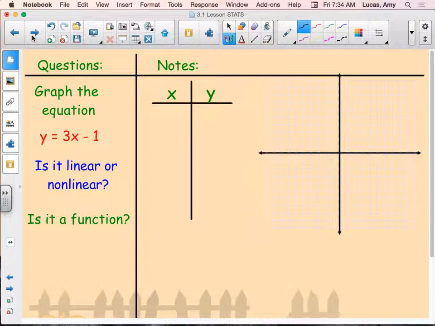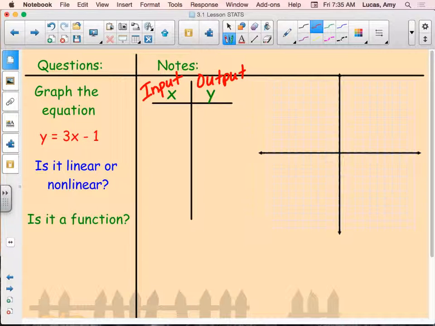In order to figure out if our graphs are linear or nonlinear, we're going to make some T-chart tables. Remember that the x coordinate, or the input variable, is what we're going to work with first. So we can choose, because x is our independent variable, we can choose any values that we want for x and put them in the equation, and then solve the equation to get the output variable, which is y.